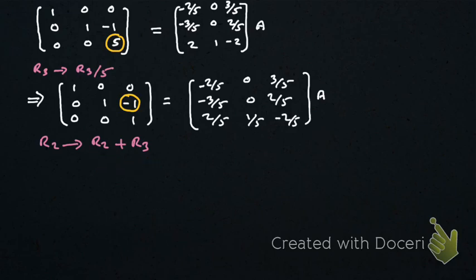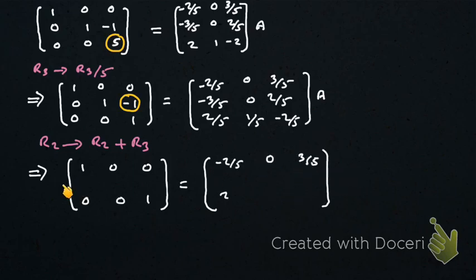So R2 changes to R2 plus R3 means only the second row is changing, which means the first row and the third row I will copy the same. See, I copied the first row as it is, I copied the third row as it is. But I'm going to work on the middle row. Second row changes to second row plus the third row.